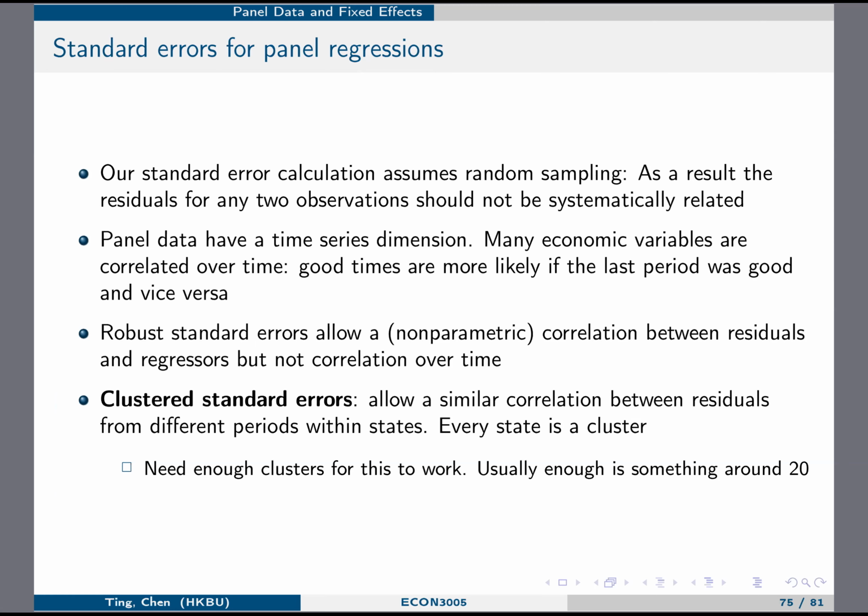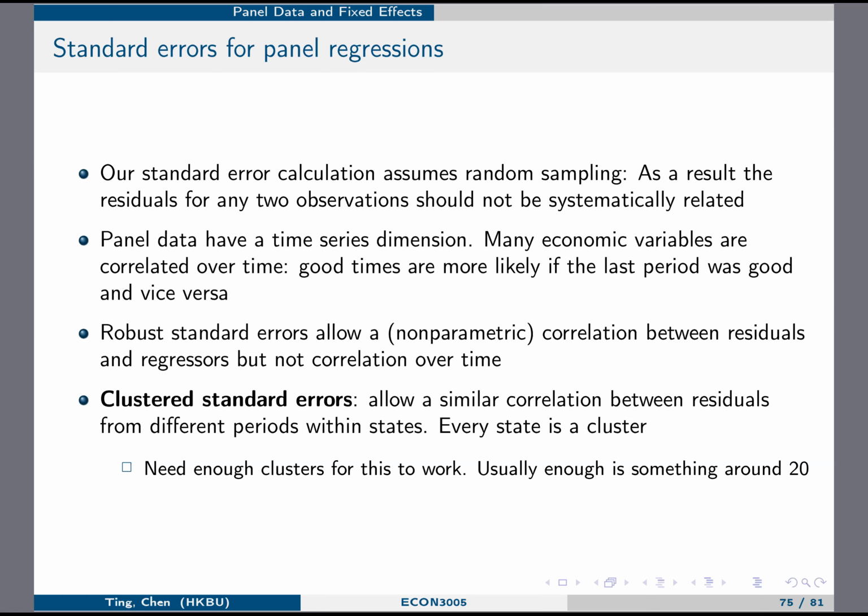Because for a state with a very low death rate, it's very likely that over time the death rate will always stay at a very low level. And vice versa, for a state with a very high death rate in one year, over the whole period that we observe, the death rate might be high.